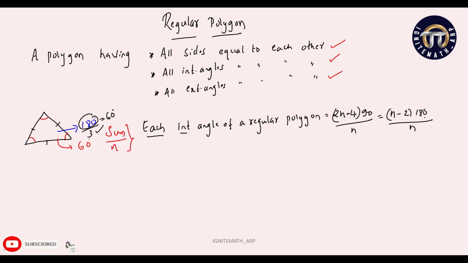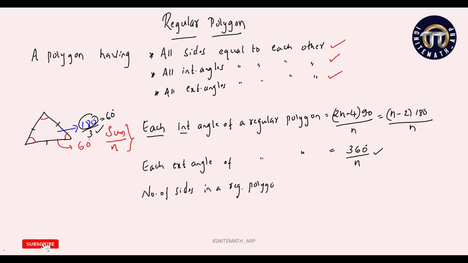Now can you tell me what is the sum of exterior angles of any polygon? It is 360 degrees. So each exterior angle of a regular polygon is the sum of all the exterior angles divided by the number of sides in the polygon. That will give you each exterior angle of a regular polygon. If I want to find out the number of sides in a regular polygon, then it is given by 360 degrees divided by each exterior angle.